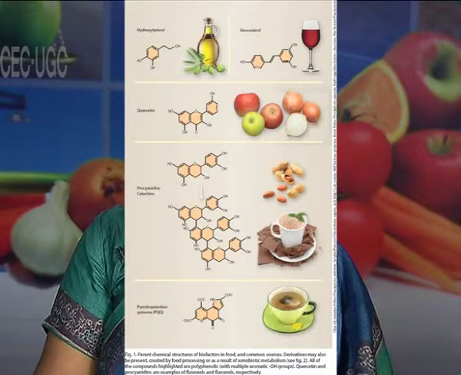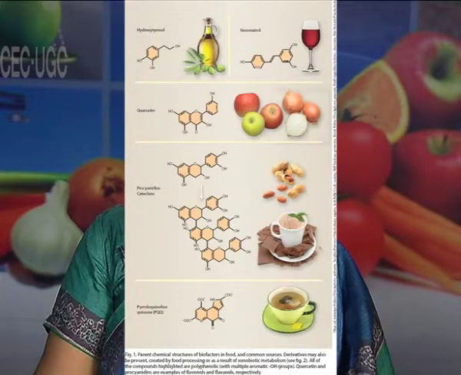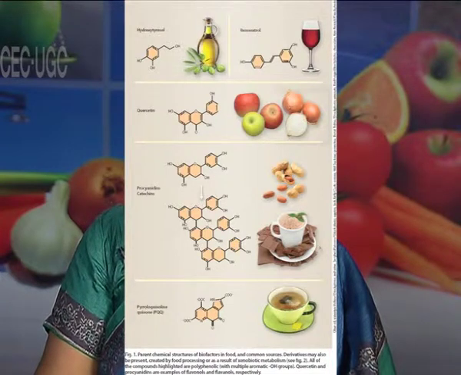Now, one other important component which is found in certain fruits is the polyphenolic compounds. Polyphenolic compounds confer on fruits, and also vegetables, certain desirable and undesirable qualities. Polyphenols are also called tannins.